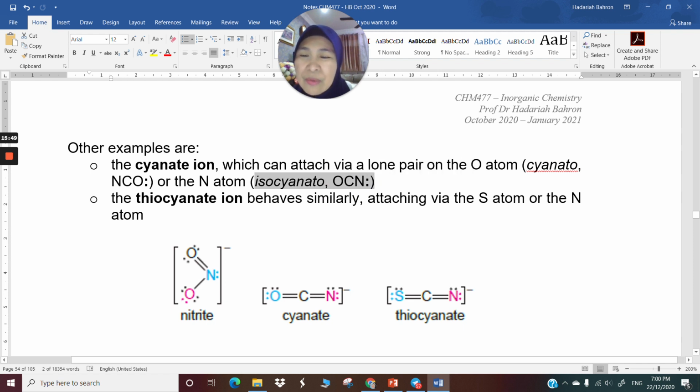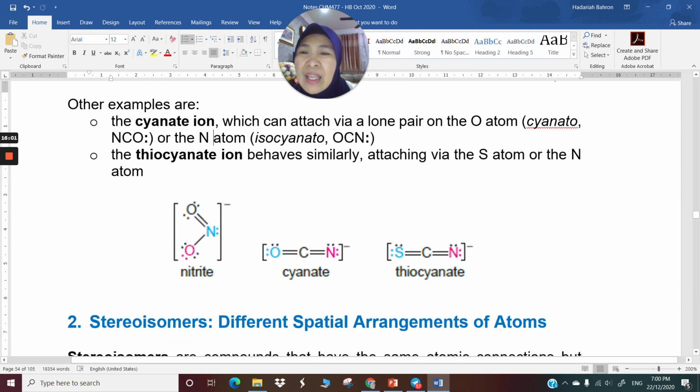Isocyanato. So when it attaches through oxygen, the name becomes cyanato. When it attaches through nitrogen, it is called isocyanato. The thiocyanate ion can also donate the lone pair on sulfur, or through nitrogen.